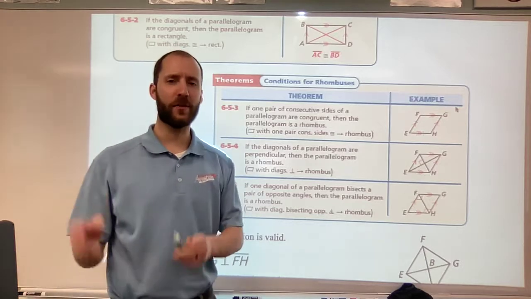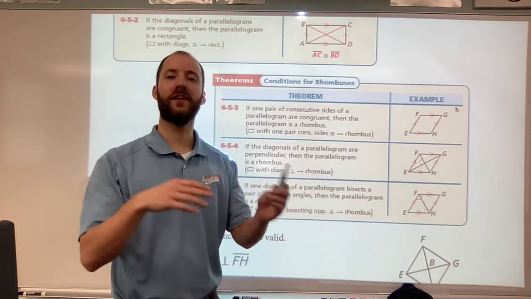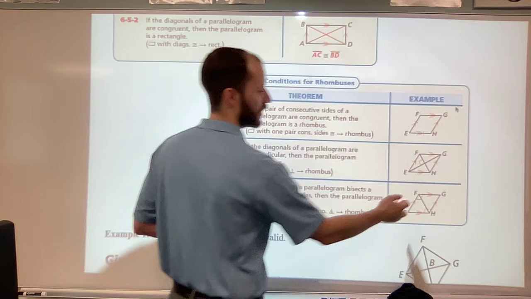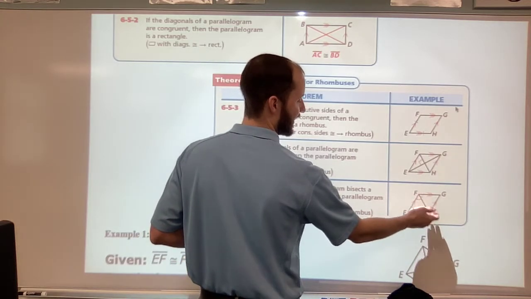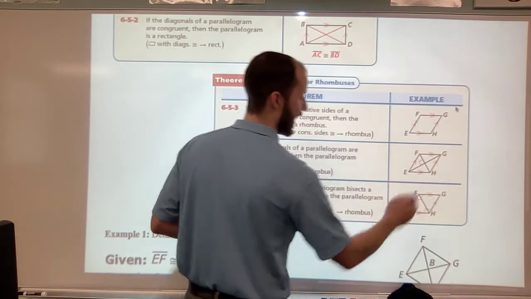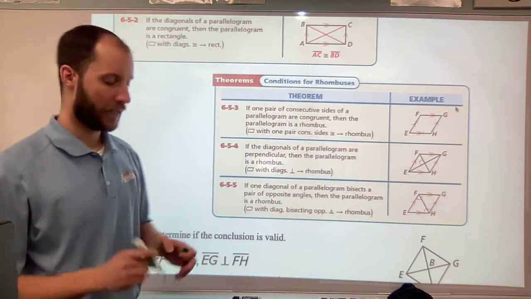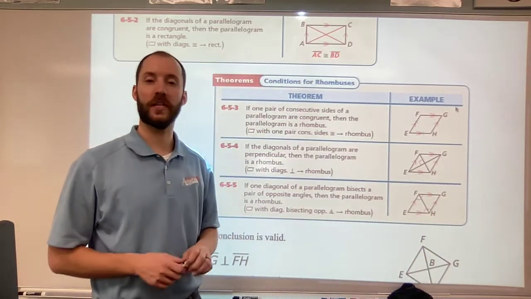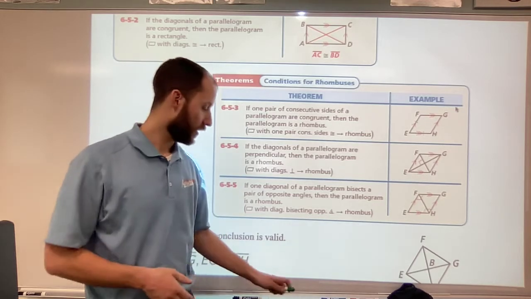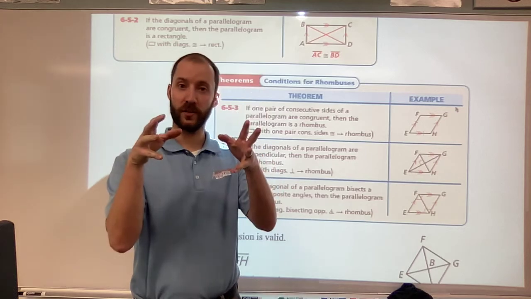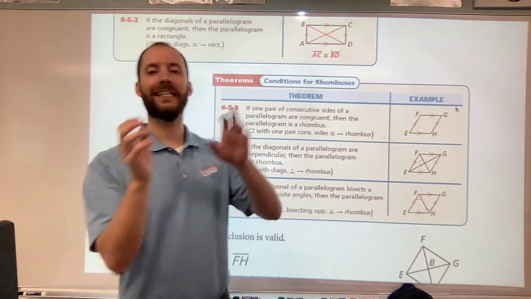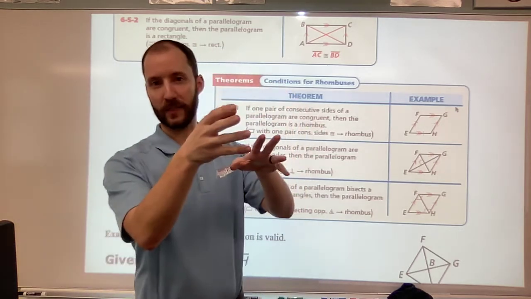You don't have to show both, you only have to show one. So line segment HF bisecting angle F and angle H could be enough to show the rhombus. So you want to show the parallelogram first, then is it a rectangle or a rhombus?